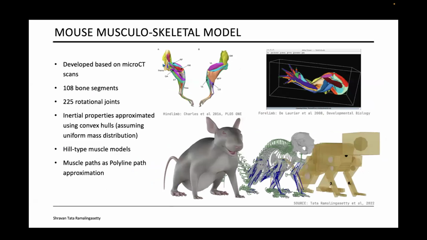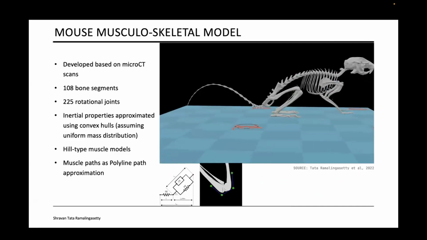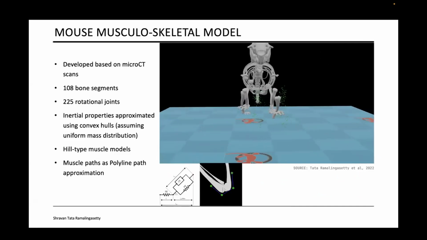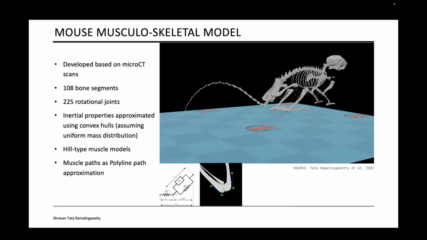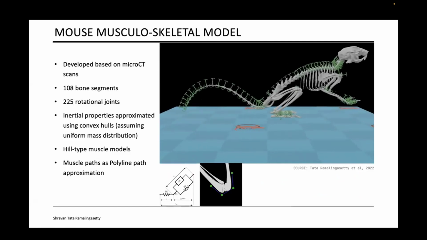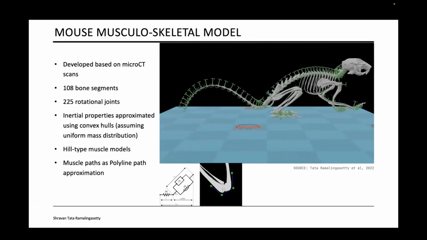So this led to the development of the biomechanical model of the mouse, the body itself, which is based on CT scans. It's a detailed model where from the skin to the skeletal properties and the muscles themselves were developed. And here is an example of a blown up view. You can imagine this as a robot itself, with rigid body links connected together and articulated.